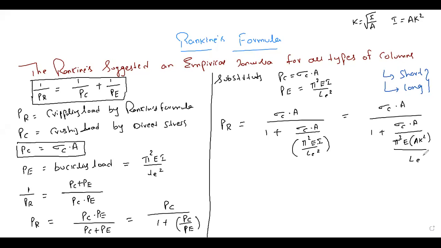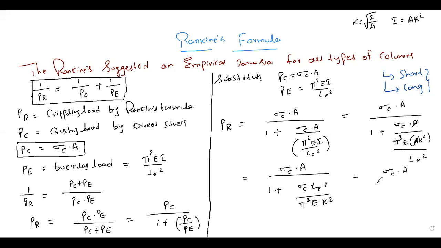AK square by L E square. Next, this can be written as sigma C into A by 1 plus sigma C into, this A and this A will get cancelled, and then L E square by pi square E K square. And next, how can you write this?